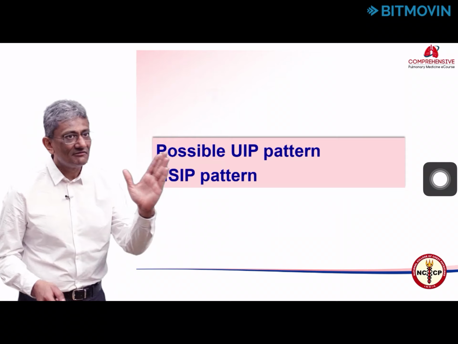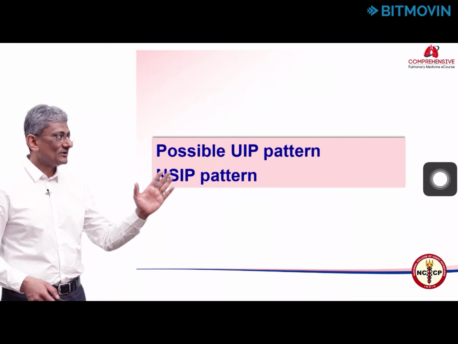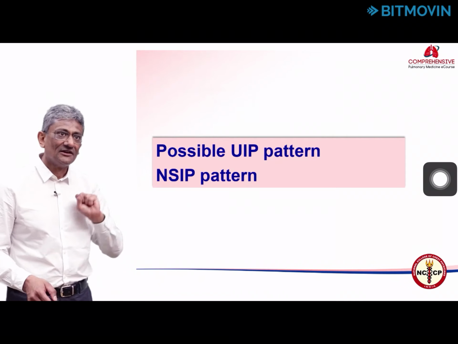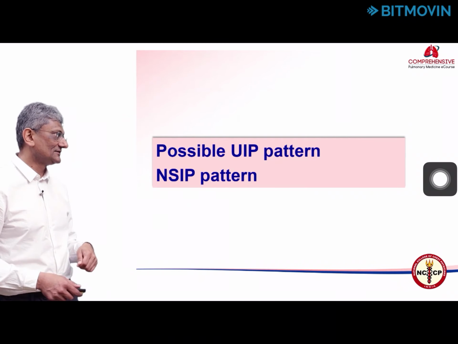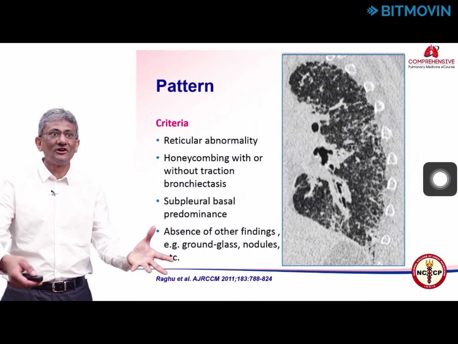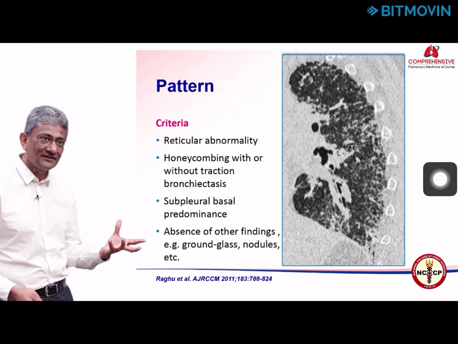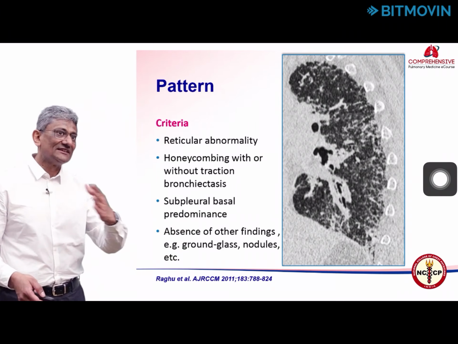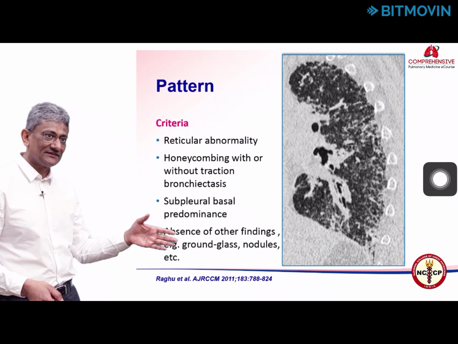But we then run into problems when we have to differentiate the possible UIP pattern from the NSIP pattern. Now, here we get a reticular abnormality, we get intralobular, interstitial and septal thickening, but there is no honeycombing and no significant traction bronchiectasis.